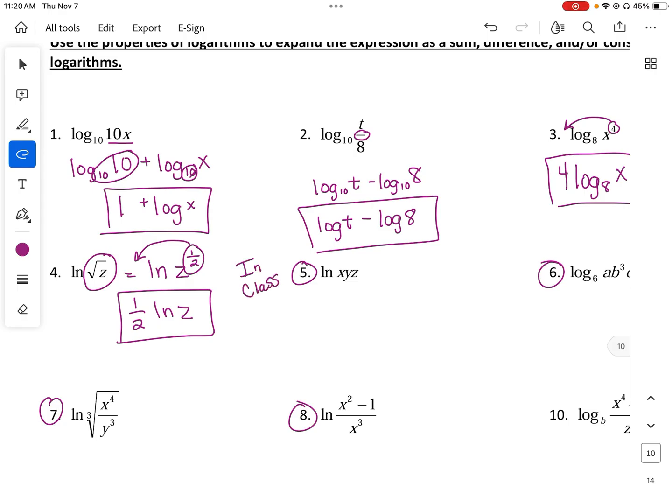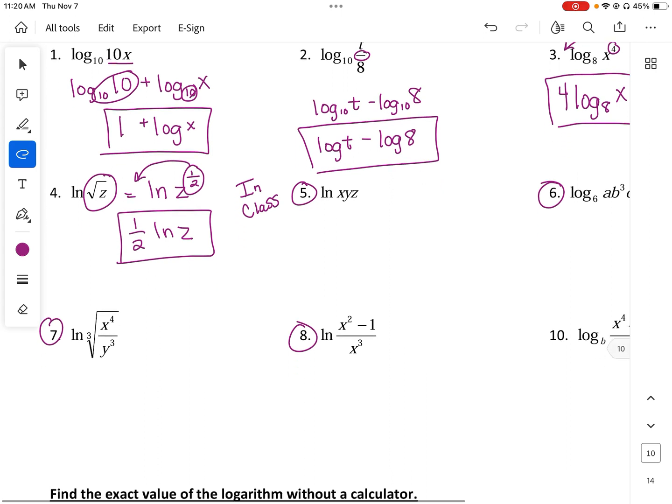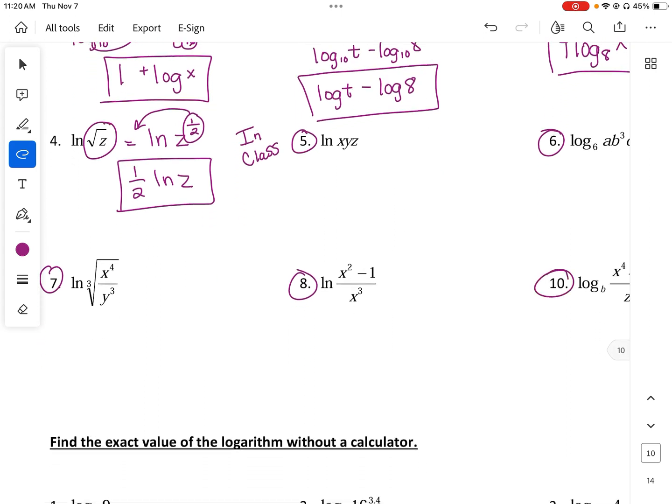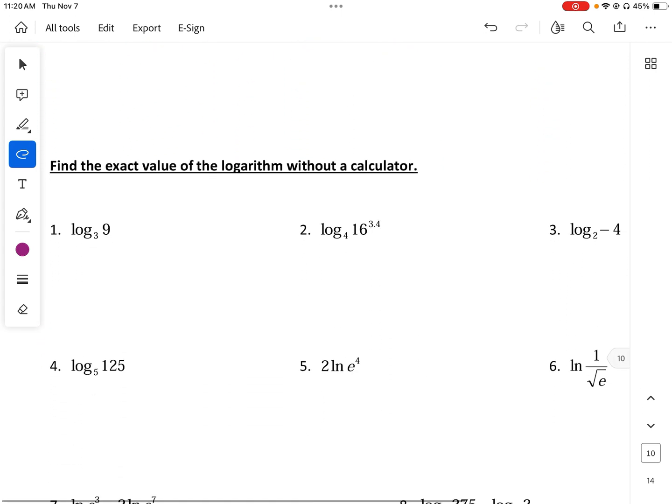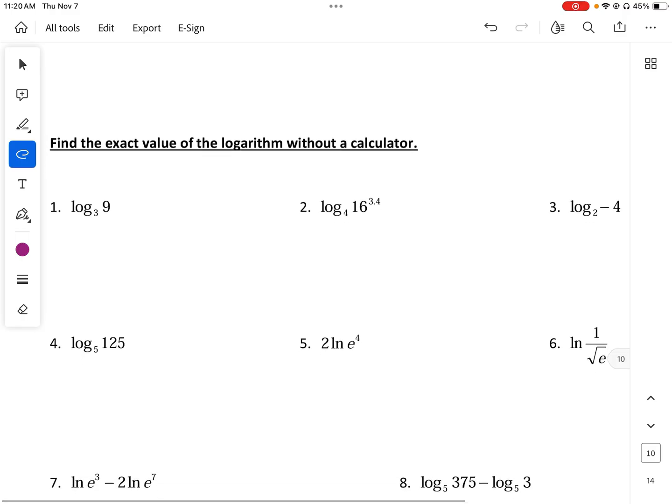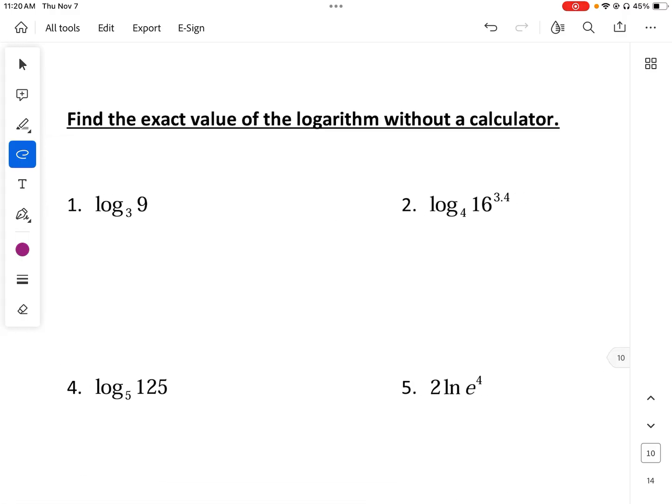Okay, we're going to go on to the next part. Also number 10. Find the exact value of the log without a calculator. Okay, so this is going back to the swirl method. So it equals x or equals some variable. Swirl. 3 raised to the x equals 9.